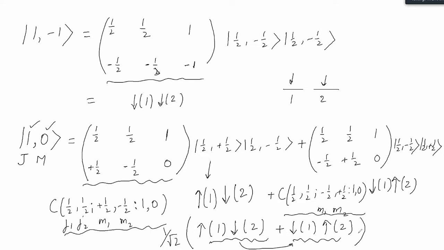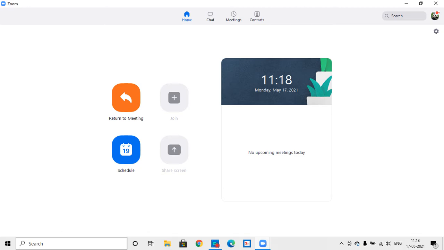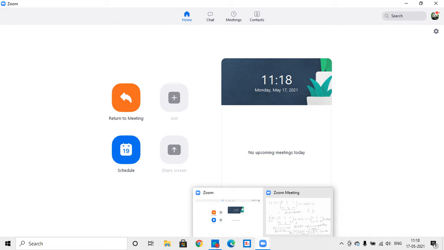That is why this state we will call a symmetric state. Similarly, the first one which I wrote was a symmetric state, because if you interchange the two particles which are in state 1 and state 2, you won't be able to tell which one was in state 1 and which was in state 2.